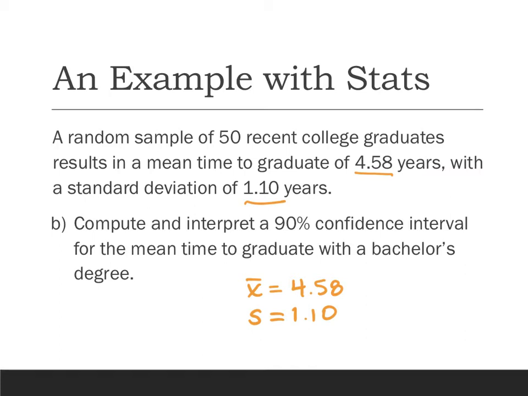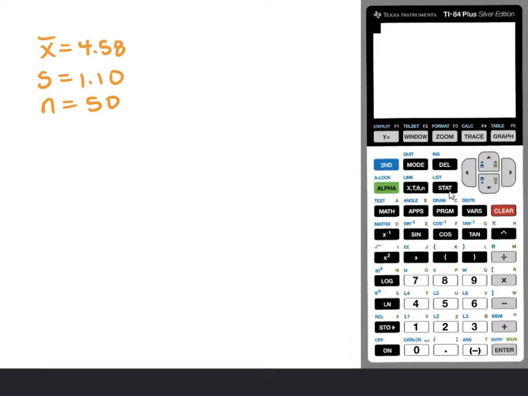We're going to use that with our t-interval, and we're going to go to that stats option instead of data and find our confidence interval. All right, so I've written down our statistics given to us, both our sample mean, sample standard deviation, and sample size, on the previous page with our problem written out, and we're going to use these along with our calculator to find the confidence interval.